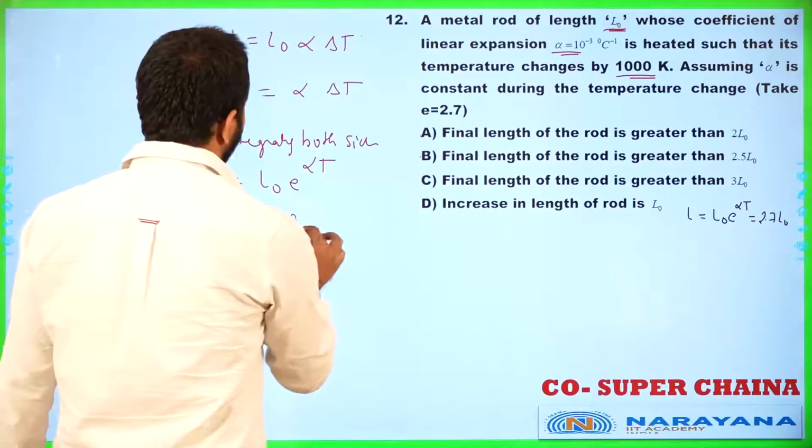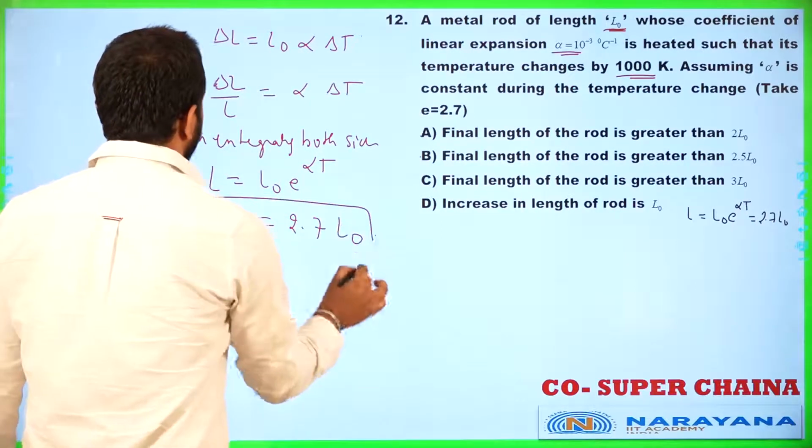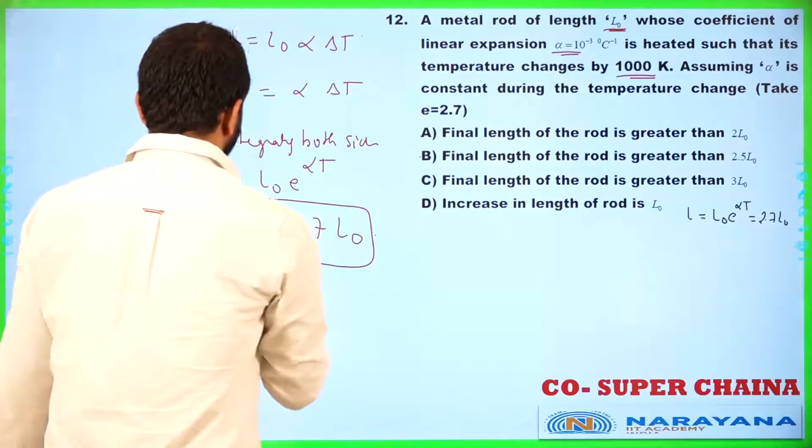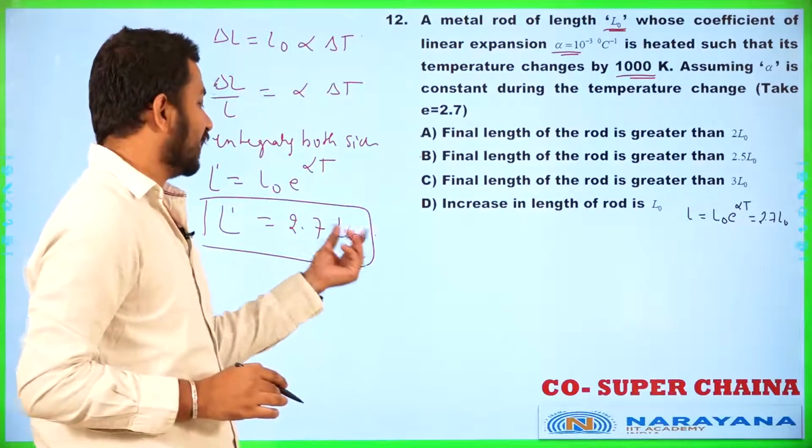We'll get here 2.7 L0. So that is the new L. New L will be coming as 2.7 L0.